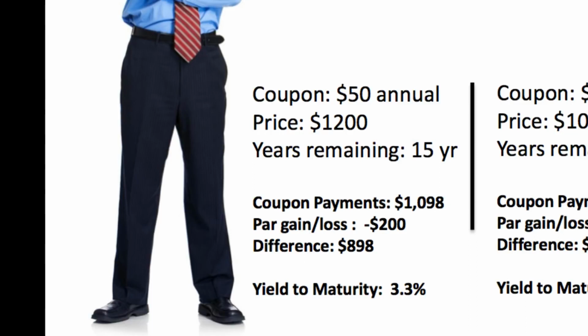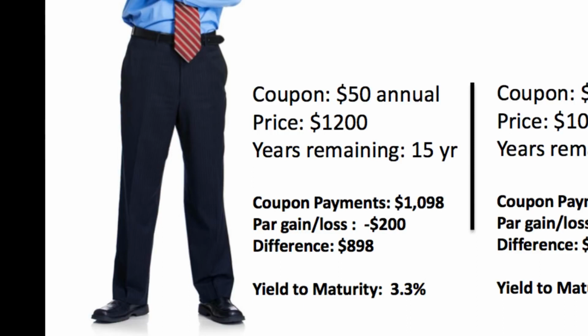Okay, so as we look down, the coupon payments that he's going to receive over the next 15 years amount to $1,098. Now we're assuming that he's reinvesting each coupon at 5%. Okay, so that's why you have kind of an odd number there. So the coupon's $1,098. The par gain or loss, he's going to lose $200 on the fact that he paid a premium for the bond, and whenever it matures, he's only going to get $1,000.